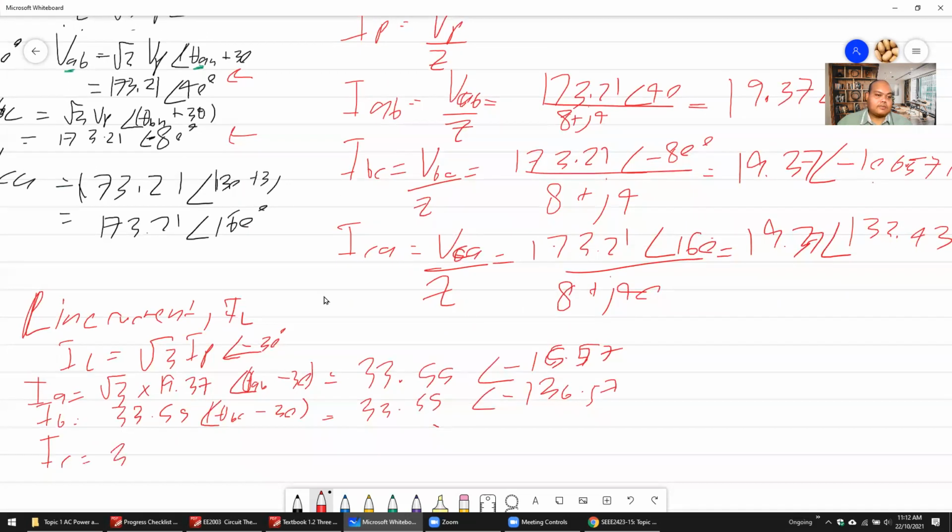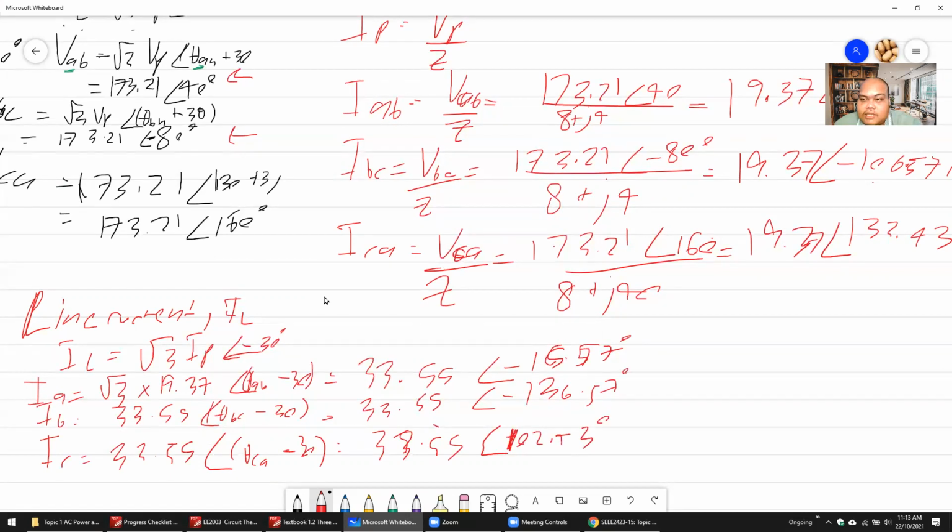IC is equal to 33.55, angle theta CA, remember IC theta C minus 30 degree, 33.55. Okay, 132.43 minus 30, 102.43.